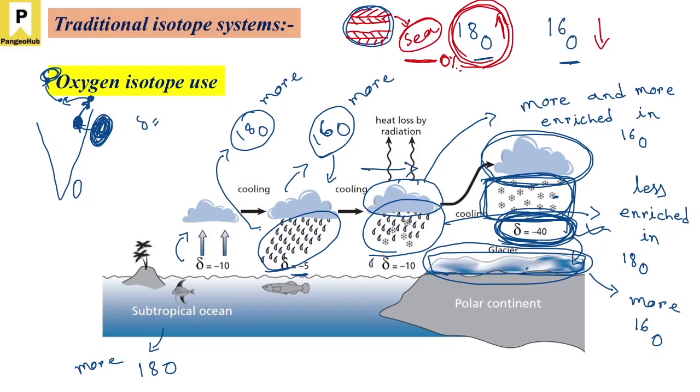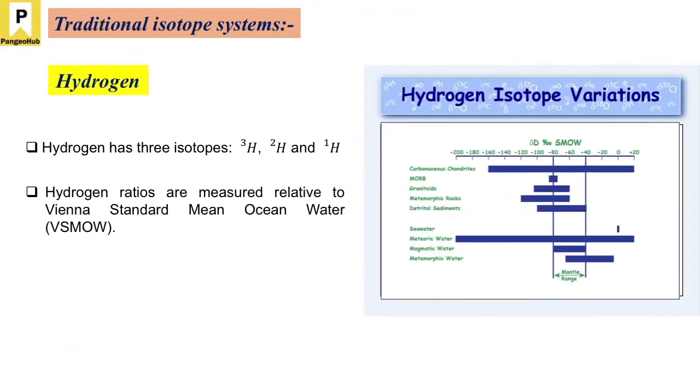Now let us move to the isotopic systems. Next is hydrogen. So hydrogen has three isotopes: 3H, 2H, and 1H. This 2H and 1H are the stable ones, and this 3H is not.